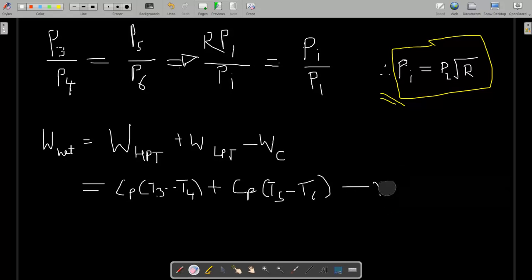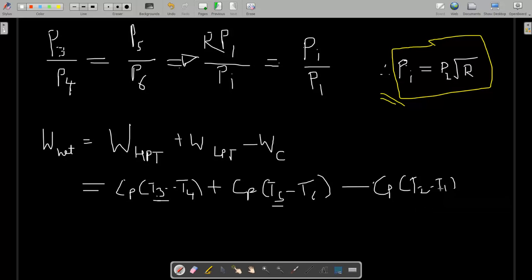So here again Cp into T2 minus T1. Now I am taking T3 as common from this, T5 common from this, and T1 common from this.